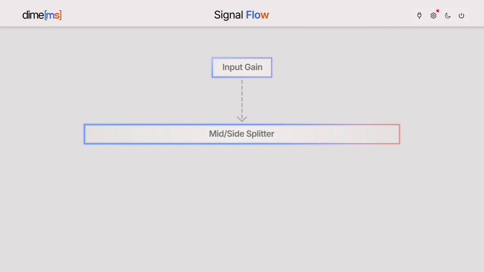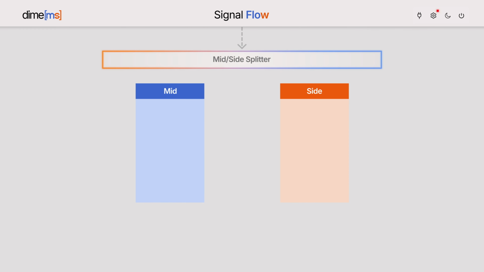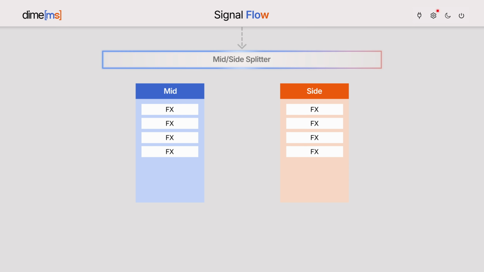Let's dive into the signal path. The input signal first goes through the input gain, before landing in the mid-side splitter. The splitter acts as a mid-side matrix, encoding the stereo signal into a mid-side signal. Each of these signals, the mid and the side, is fed into its dedicated effects chain. Note that because each signal is a single channel, only plugins that accept mono configurations will work in DIME-MS.